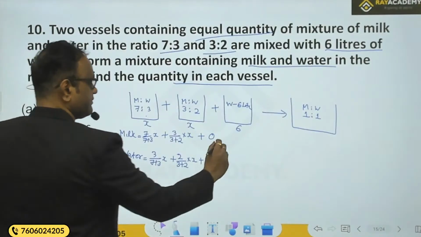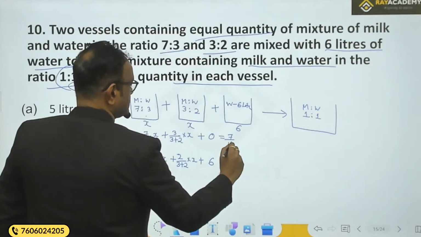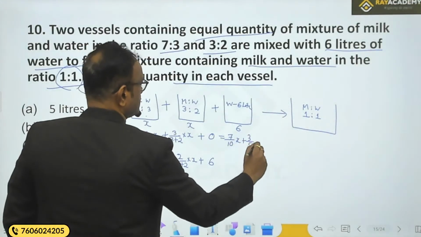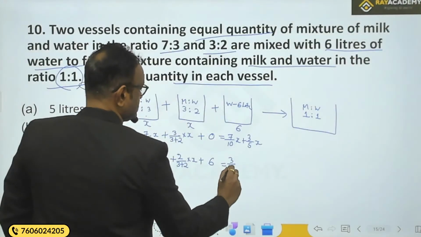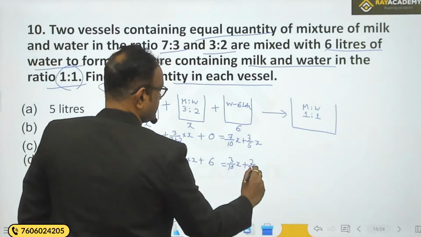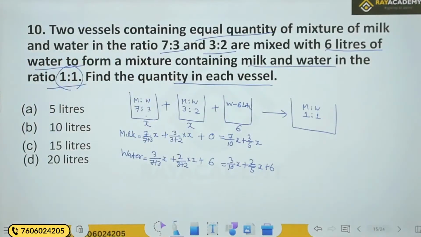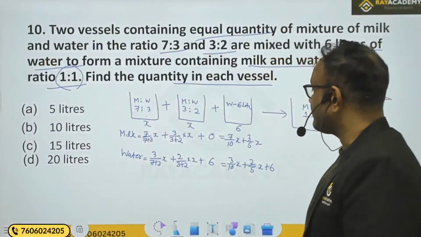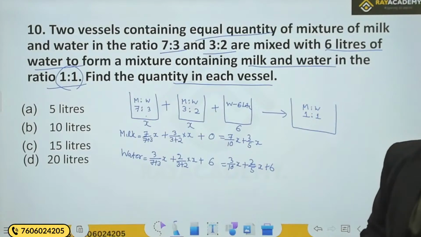Now simplify. 7 by 10x plus 3 by 5x is the content of milk in the final mixture, and 3 by 10x plus 2 by 5x plus 6 is the content of water in the final mixture. But the question says the milk and water ratio is 1:1.